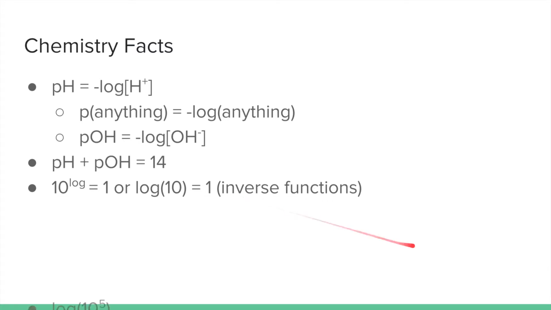These are inverse functions. So, for example, if we're given an equation like this, we would bring this 5 down as a coefficient, and then log of 10, as we see here, just equals 1. So we're going to get 5 times 1, which is simply equal to 5.